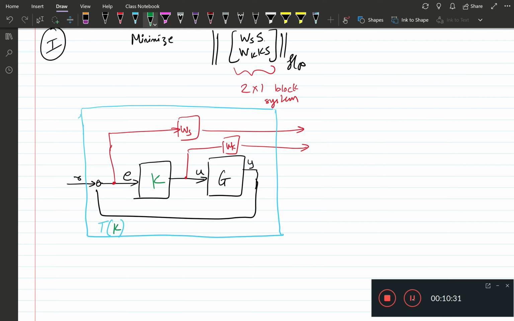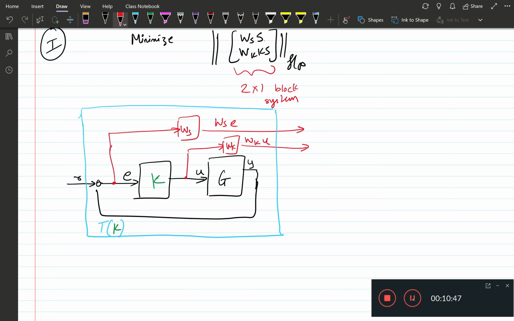So we are looking for a K that minimizes this. Now you can see clearly that we have R, E here, so that one would be Ws times E, and that one would be Wk times U.